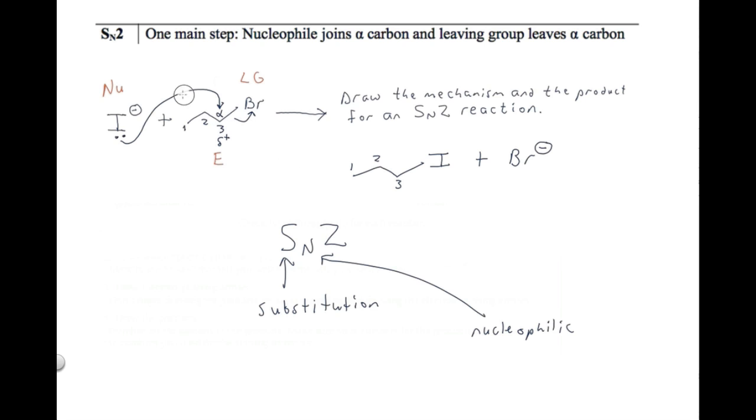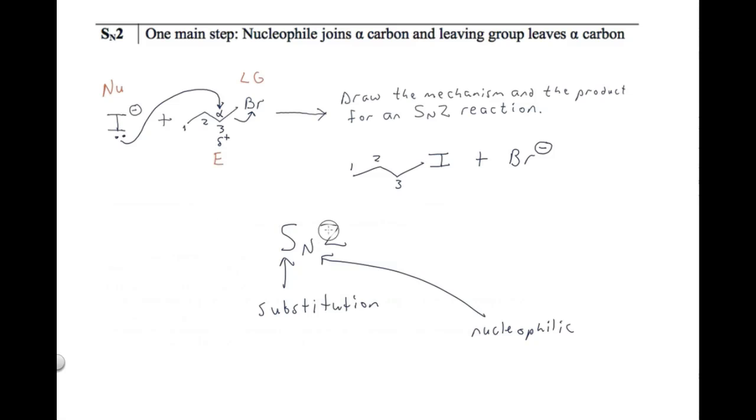Remember, I'm calling this one main step because some of the more complicated SN2 reactions can also have an acid-base helper step, but that's not relevant for these reactions that we're looking at right now. These reactions have one step total.